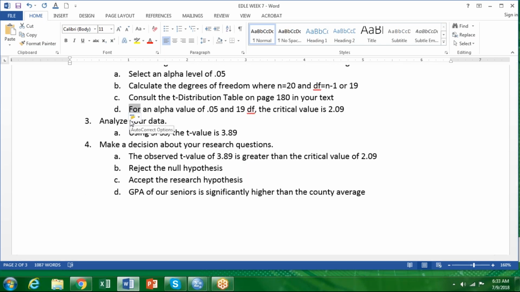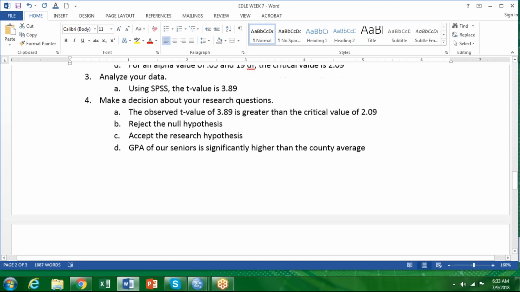But when we analyze the data, we're going to find a t-value of 3.89. And that value of 3.89 is significantly different from 2.09. And so we're going to reject the null hypothesis, accept the research hypothesis, and determine that the GPA of our seniors is significantly higher than the county average.